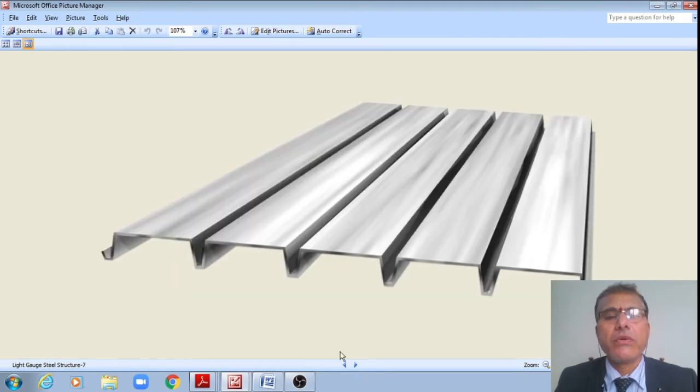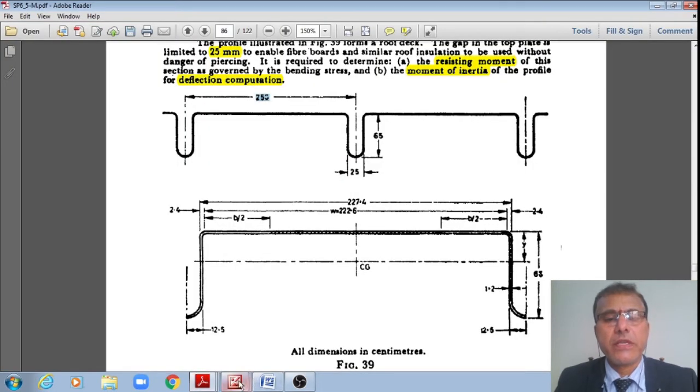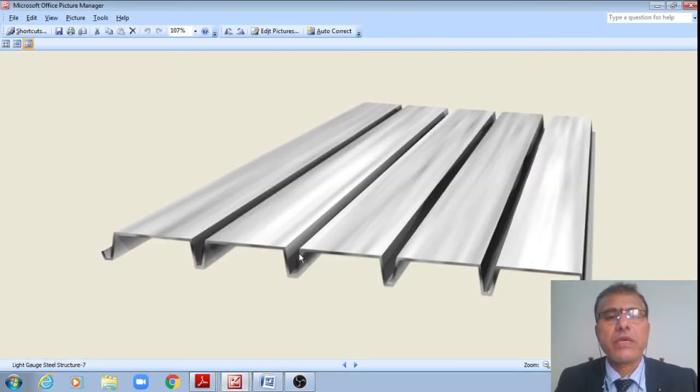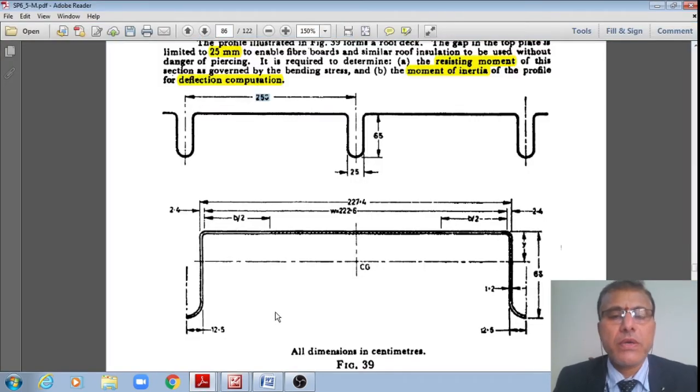This is what exactly the section resembles. This is 250, and this is 25, and this is 65. Therefore, what is the moment of resistance of this section? I hope you understood the exact section.